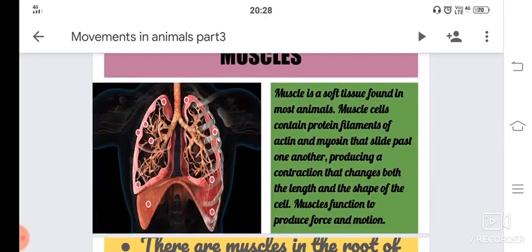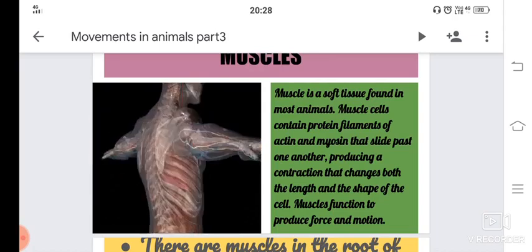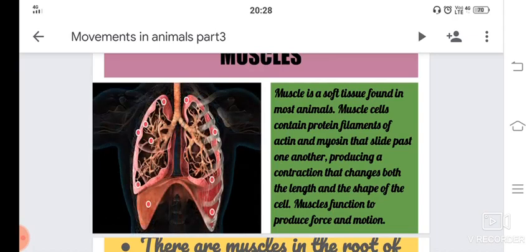And then next we have muscle. Muscles play a very important role. Without muscle, our body structure cannot be completed. Muscle is a soft tissue found in most animals, not only human beings; all animals have muscles.